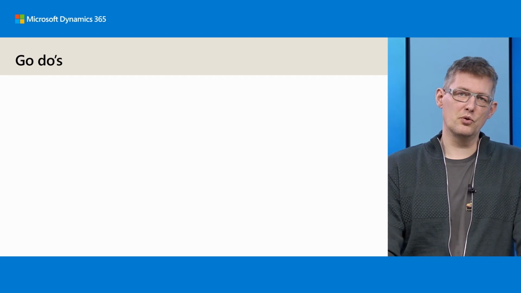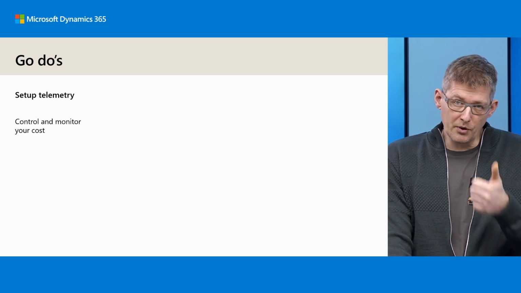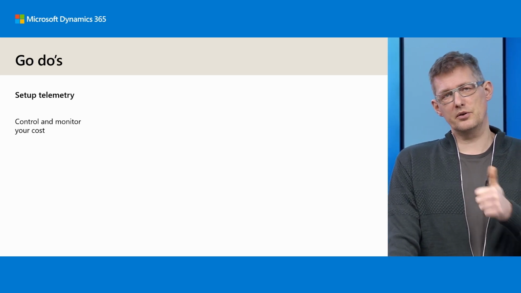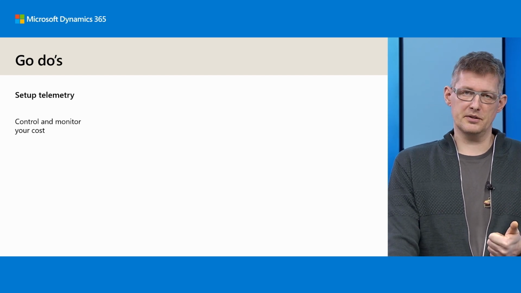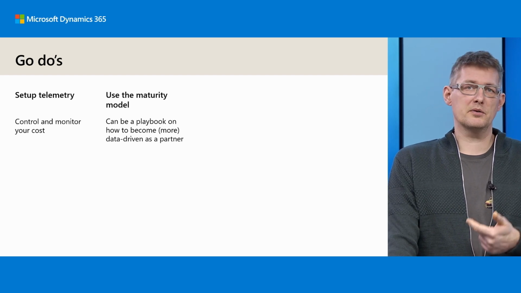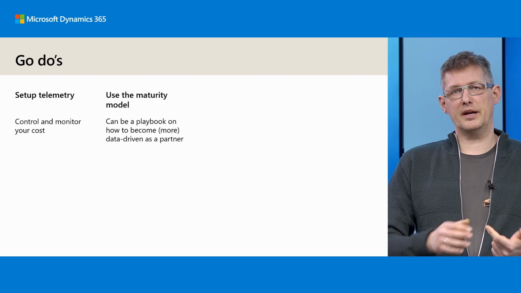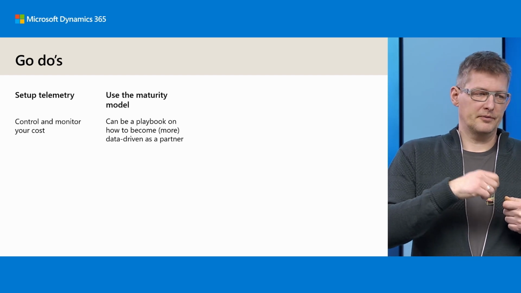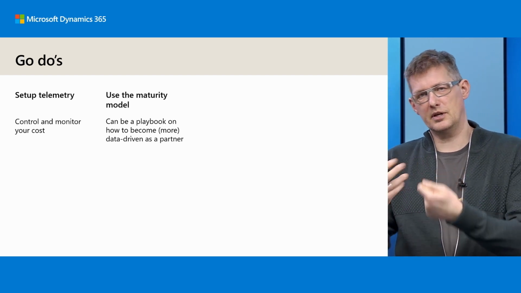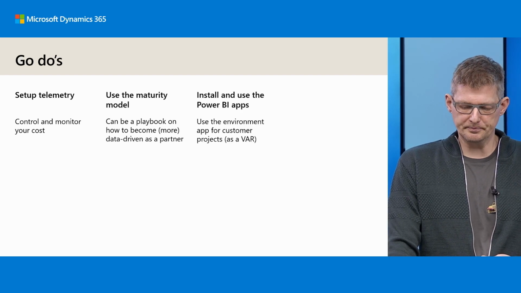Okay, go-dos, and then we're done. First of all, set up telemetry. Before you do that, make sure that you know how to control and monitor your cost so you don't get any surprises about that. Second, use the maturity model as a partner. This is just a playbook for you, so it's very easy to understand how you can go from not being strategic to having telemetry and data be a more strategic thing inside your partner practice.